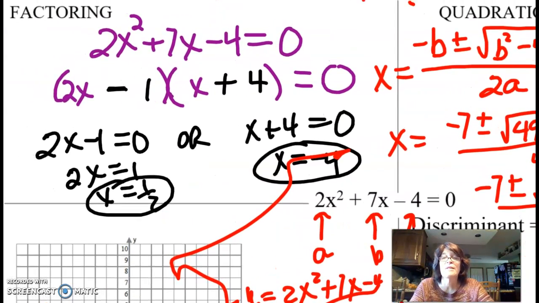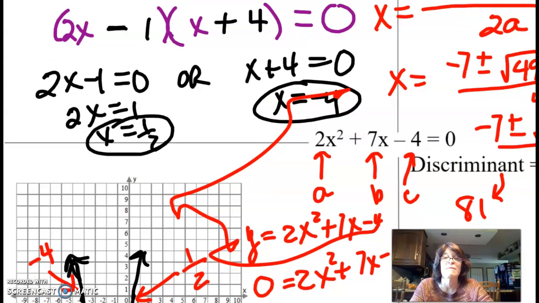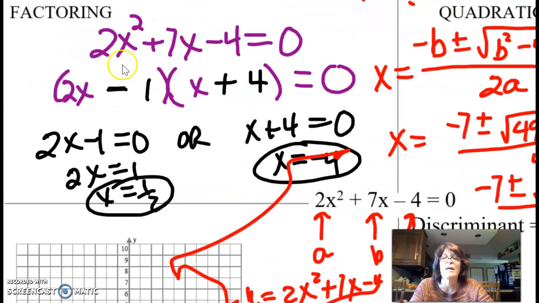These are the different ways to solve a quadratic. You either factor, and how do I know if it can factor or not? I usually do the discriminant. I right away figure out the discriminant and see if I can factor or not. B squared, so 49 minus negative 32, that's 81. Yep, I can factor it, and then I go further.